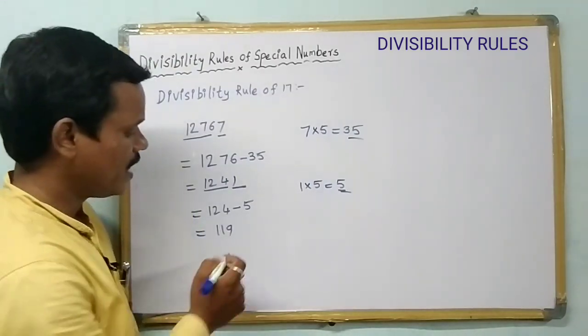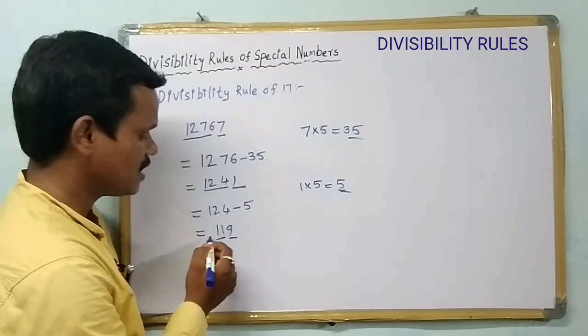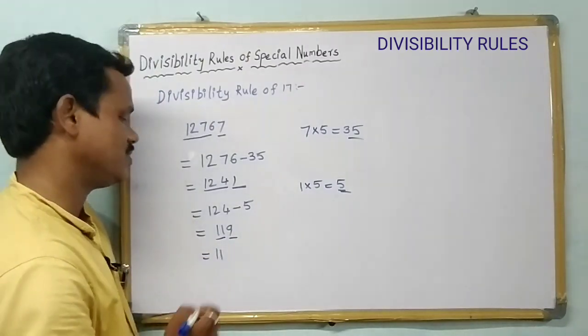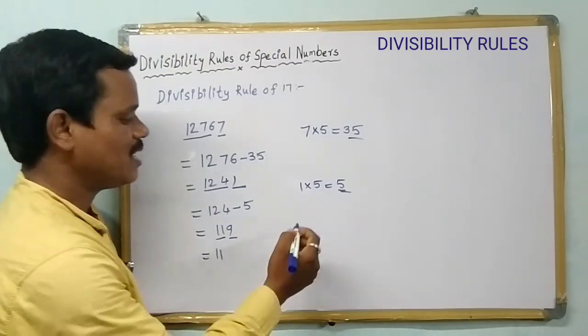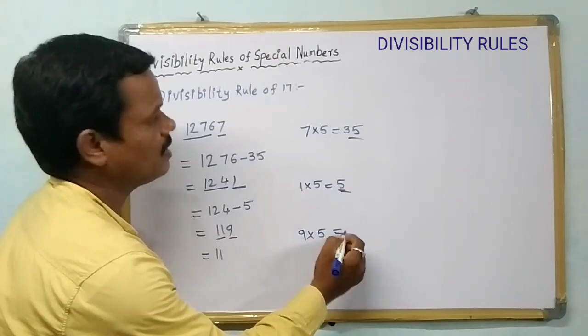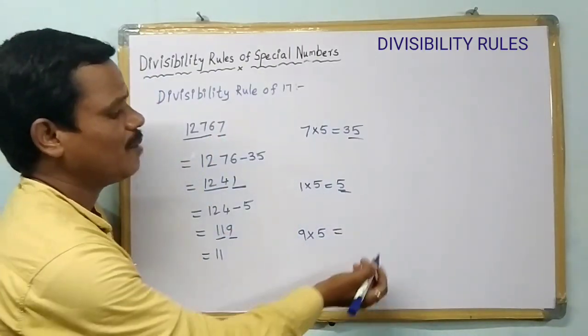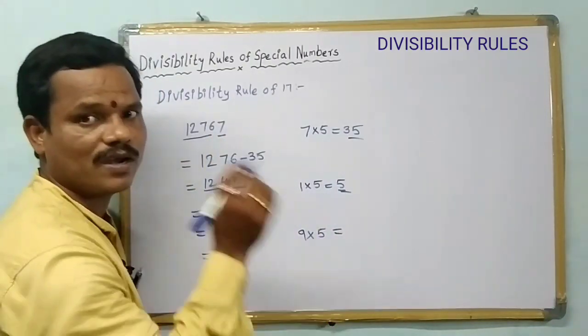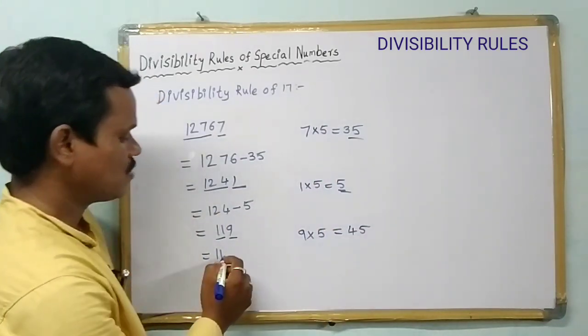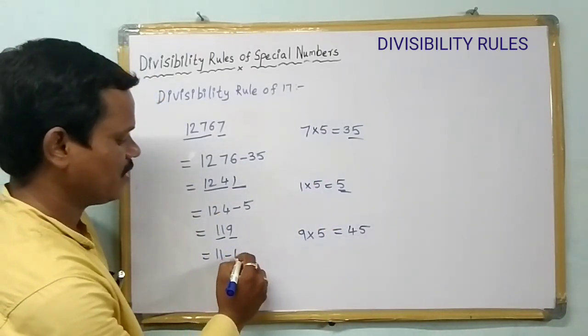Now again, this is the first part and this is the second part. 11 is the second part, I am writing it as it is. Multiply 9 by 5. In the divisibility rule of 17, multiply the first part number by 5 only. 9 fives are 45. So subtract 45 from the second part, 11 minus 45.